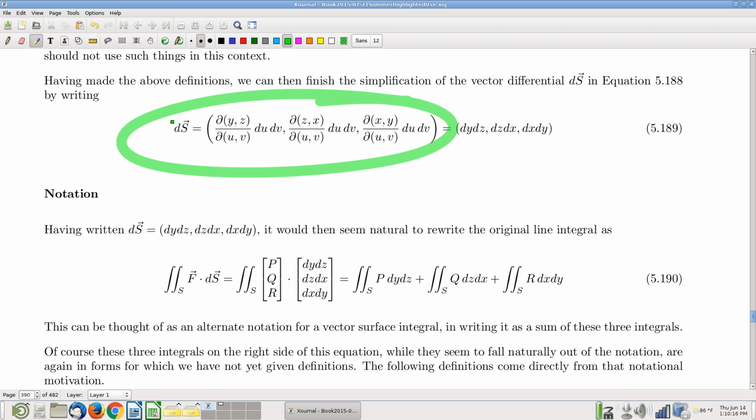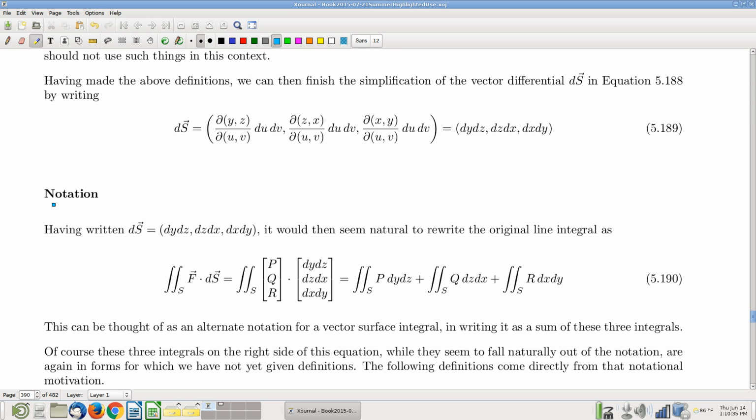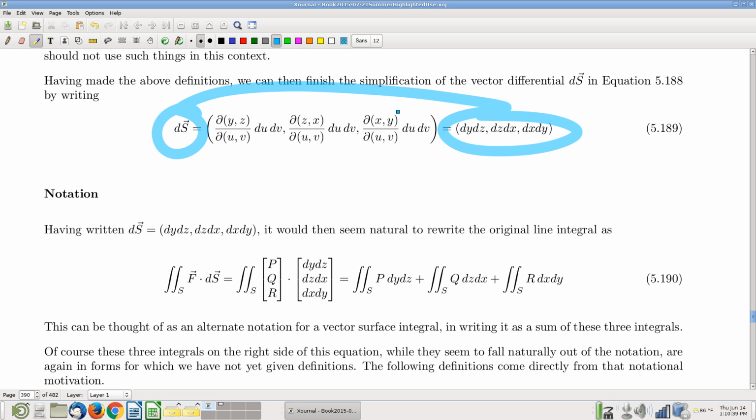We find ourselves stumped with, well, what am I going to do with this expression here? We just agreed that dx dy is a reasonable thing to call it, and likewise, that's dy dz, and likewise, that's dz dx. And so what we have is, it's a bunch of effort to go to write it all down, but what we have is a very convenient way to think about the ds vector.